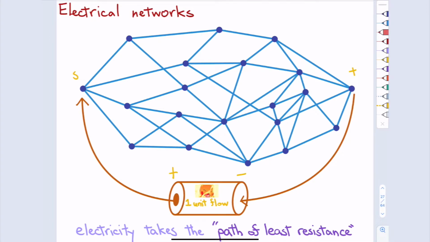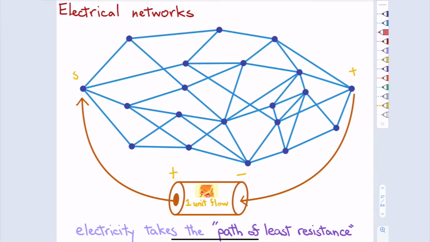Here's a battery, and it's pushing one unit of electric flow from T to S, and that electric flow needs to go back across from S to T to complete the circuit. So how would electricity actually navigate something like this?